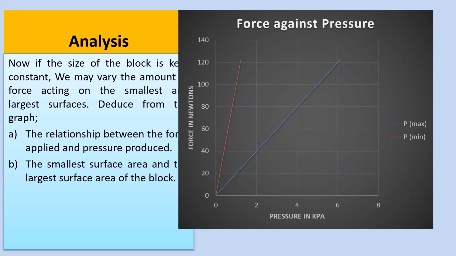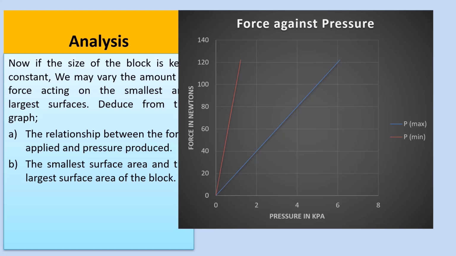Secondly, we can deduce the smallest surface area and the largest surface area by looking at the two straight lines. We assign which one has the largest surface area and which one has the smallest surface area.